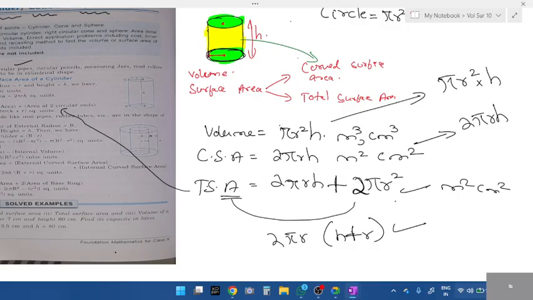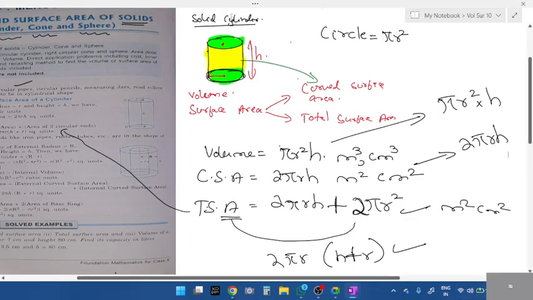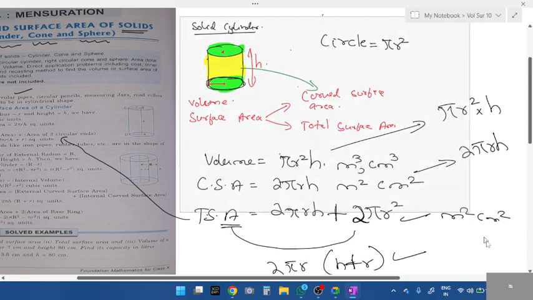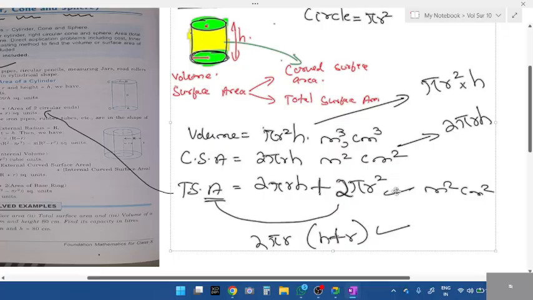Pi r square h, 2 pi r h, 2 pi r h plus 2 pi r square. Okay, solid cylinder is done. Any doubts in solid cylinder formulas? How to derive the formulas? Did you understand?